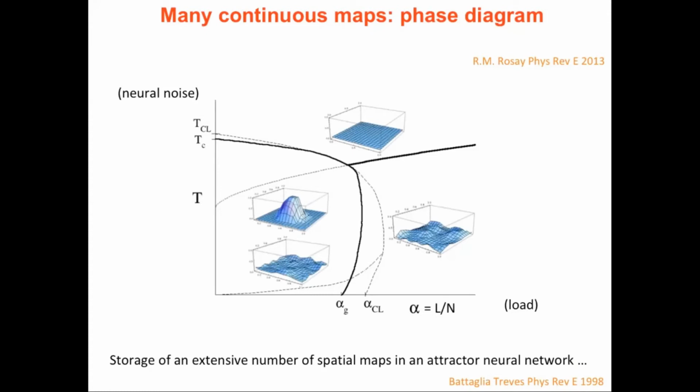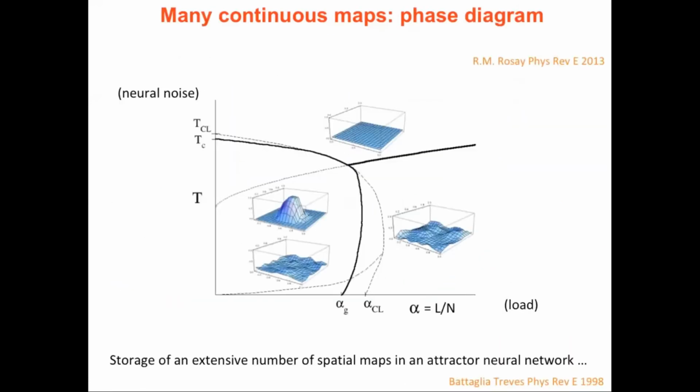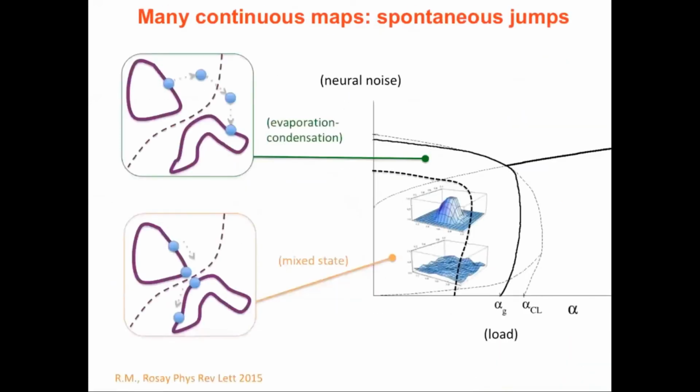So something which is interesting I did not mention yesterday is how we can actually jump from one attractor to another, irrespectively of the positions which are encoded by the activity vectors on the 2 attractors. What we have seen with Sophie Rosa some years ago is that there are 2 mechanisms for this jumping, depending on where we are in the phase diagram. The first mechanism is something I would call evaporation condensation, in the language of statistical physics I introduced yesterday.